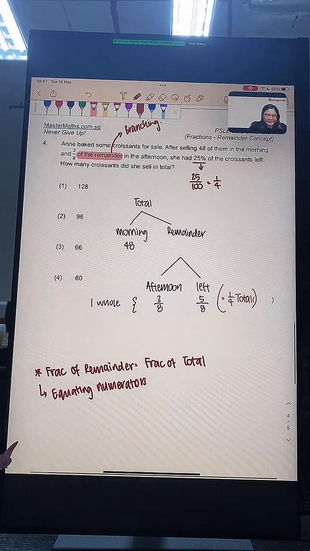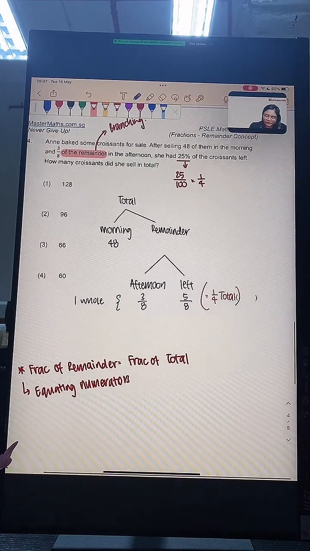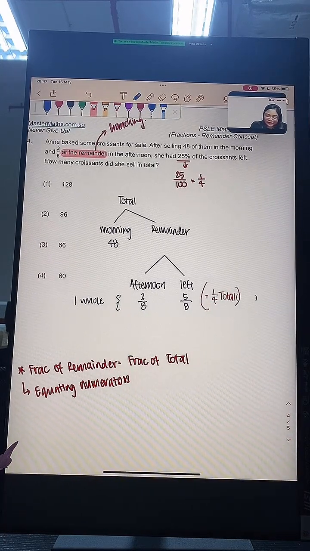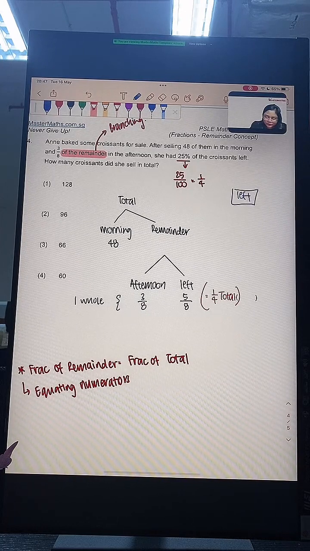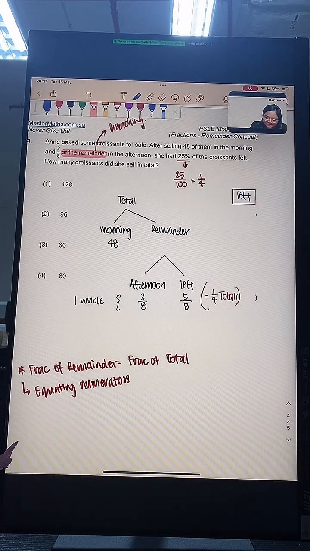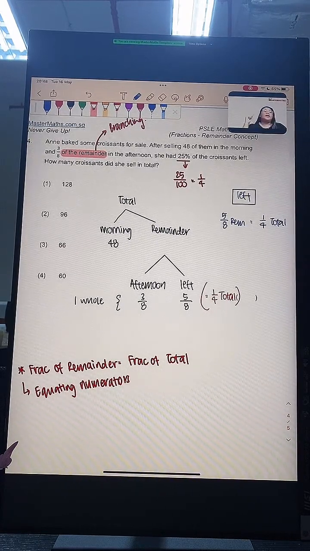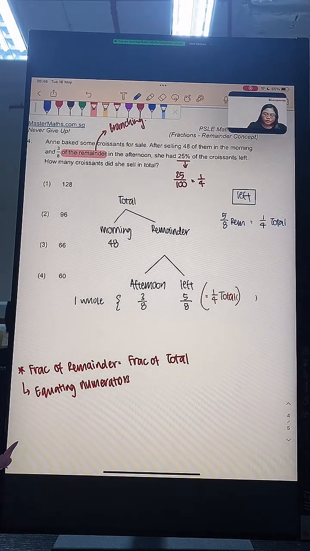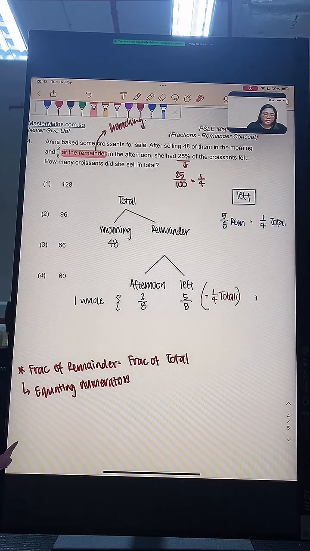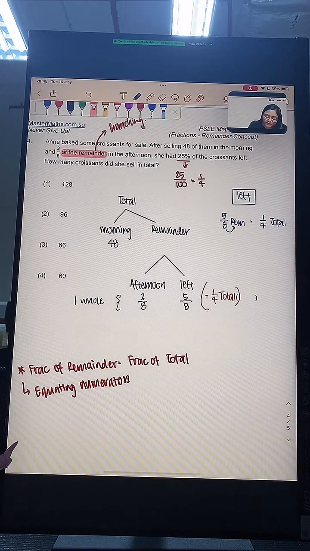All right, so we want to equate the numerators. Whatever is left, we know is 5 out of 8 of the remainder, and it is also 1/4 of the total, which the question told us. Again, same as question 2, we don't equate denominators because they are referring to different things.